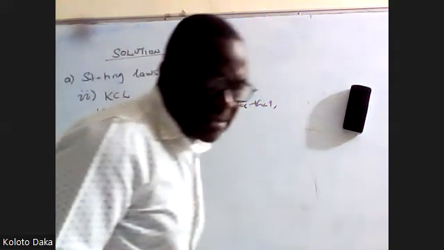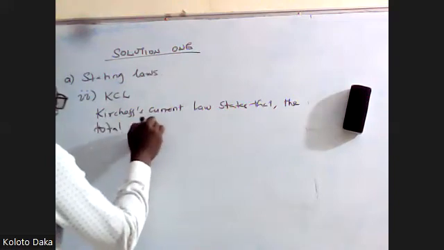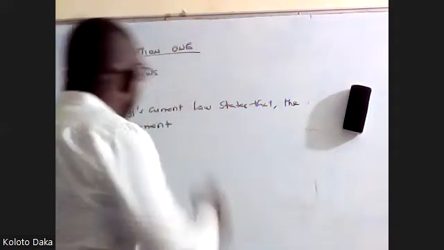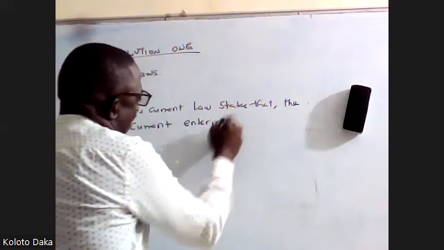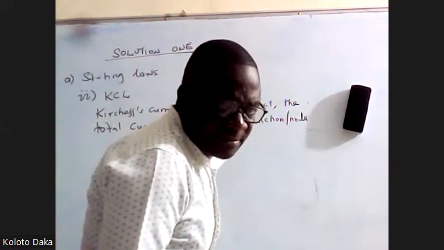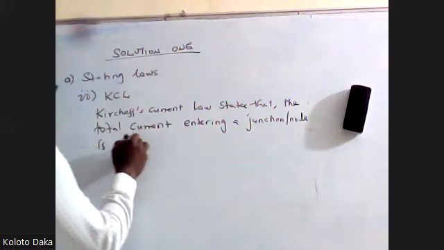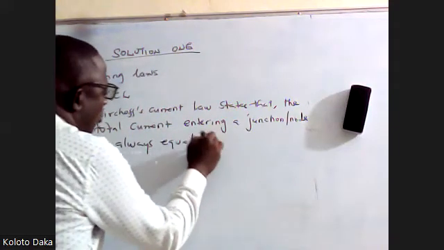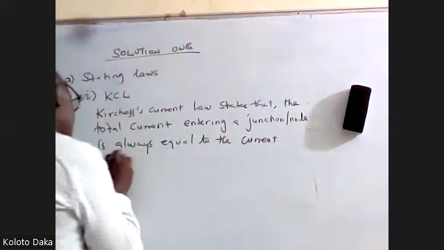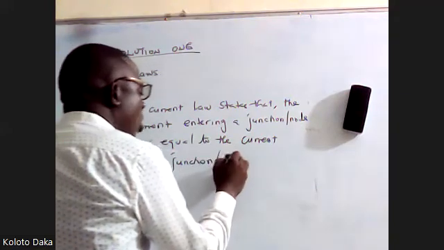Kirchhoff's current law states that the total current entering a junction or node is always equal to the current leaving the junction or node.